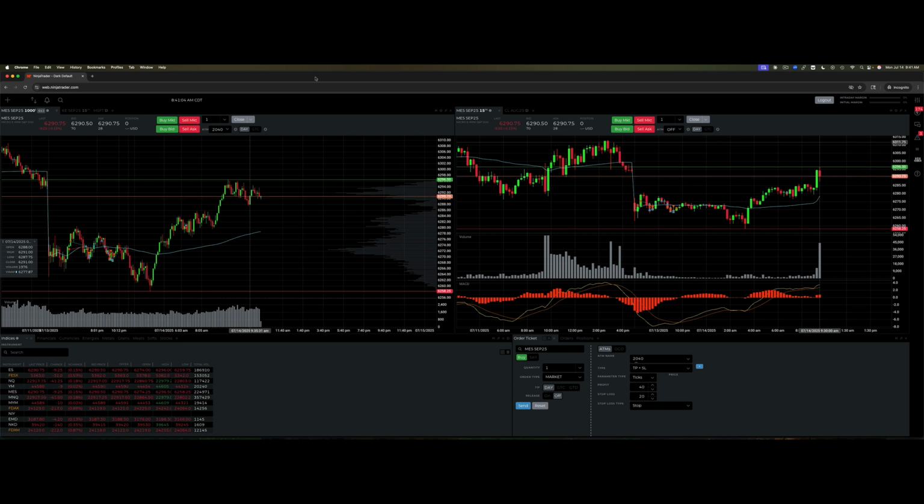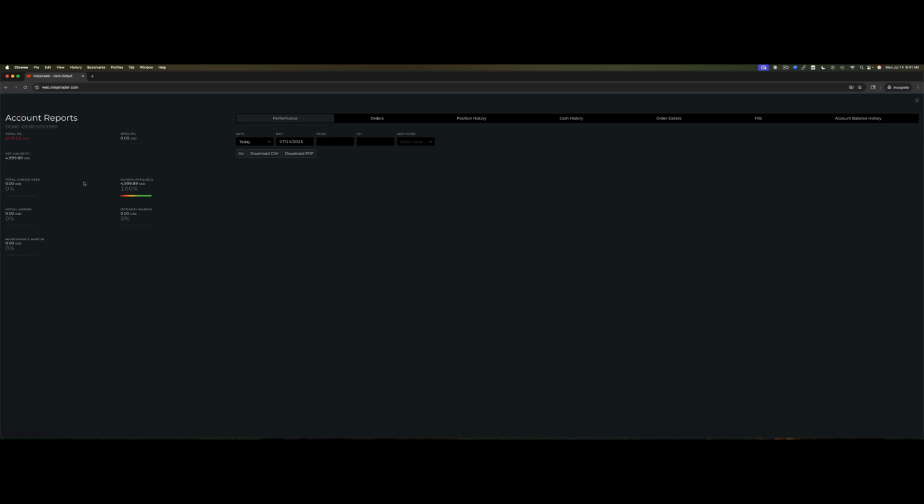So until then, I'm going to trade in the demo account. You can see here I took a couple trades messing around the other day trying to figure it out, so that's why that is. But then I tried to reset it to 5,000, which is what's going to be in my real account whenever the money comes in.